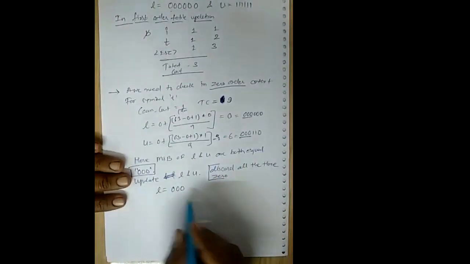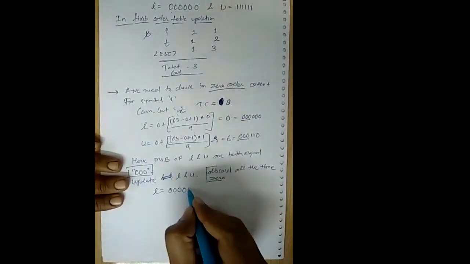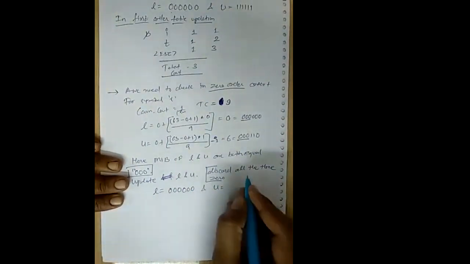Okay, so here you can see my new updation value will become 3 times 0.